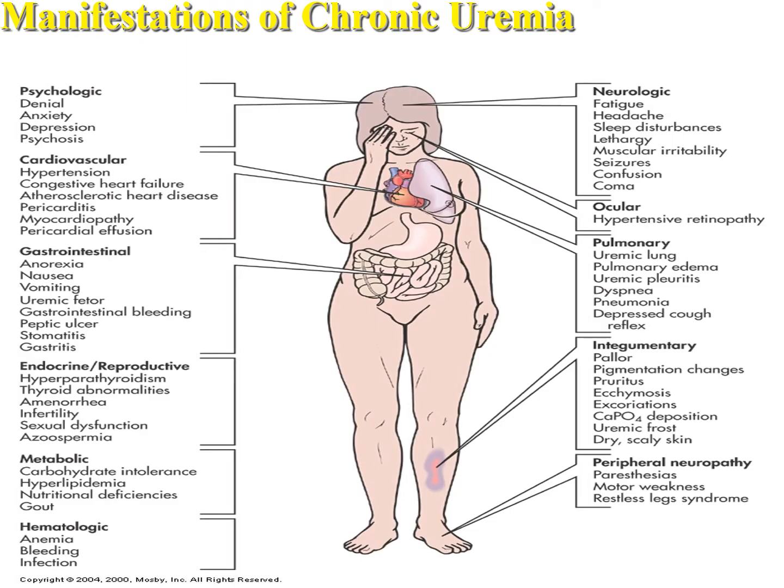Now, I absolutely love this picture because it just shows you how much of the body is involved when somebody has chronic renal failure. Chronic uremia, meaning urea is in the blood, and that's chronic renal failure when we have that. And so just look, every system basically is involved in chronic renal failure.